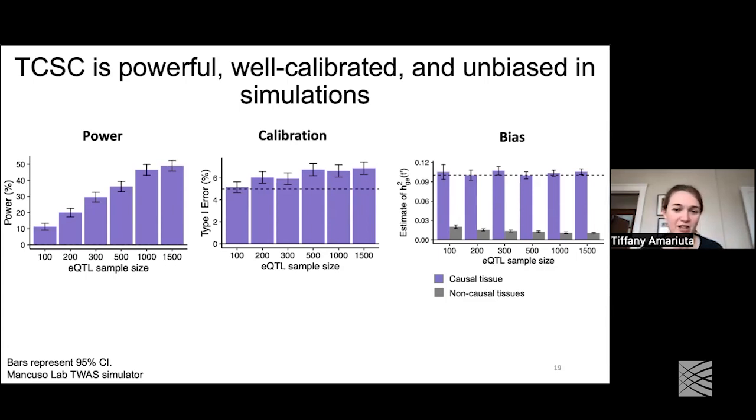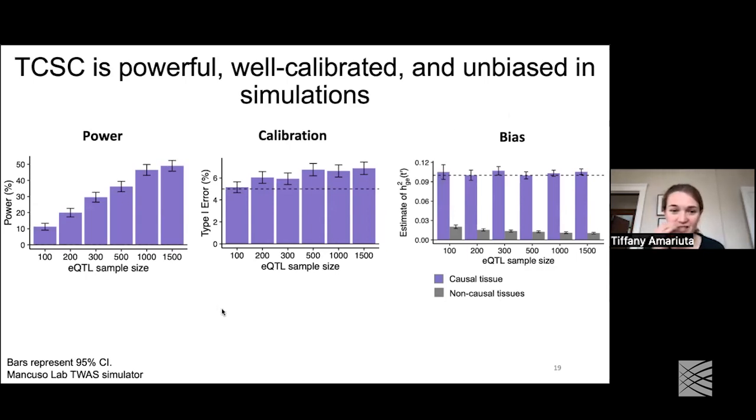They are based on real genes and real LD between variants modeled from 1,000 Genomes. So I am here showing three very important quantities to evaluate the performance of TCSC: power, calibration, or type 1 error, and the bias on the estimate of the h2GET parameter in both the causal and tagging tissues.